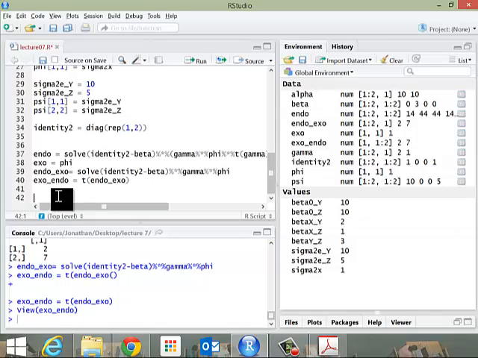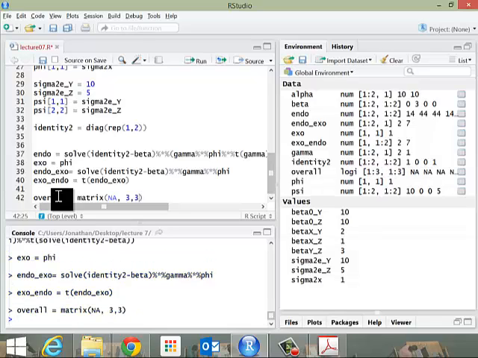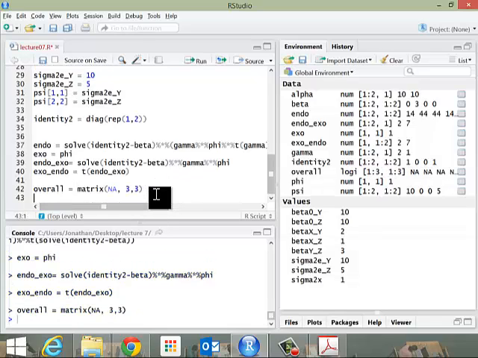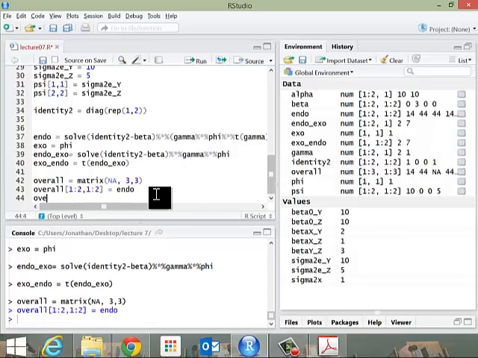So, let's see. Overall is a matrix that's, I'm going to call it NA, size 3 by 3. This is just a blank matrix right now. If I do overall 1 to 2 and 1 to 2, say that's equal to endo, that would work.